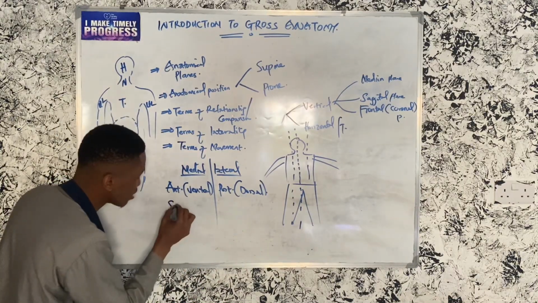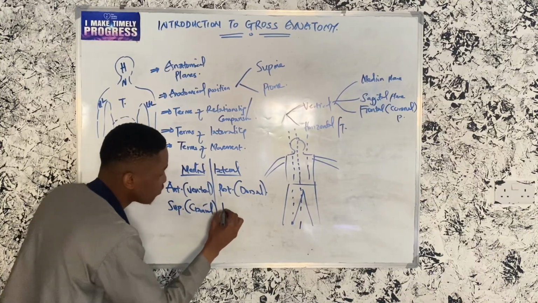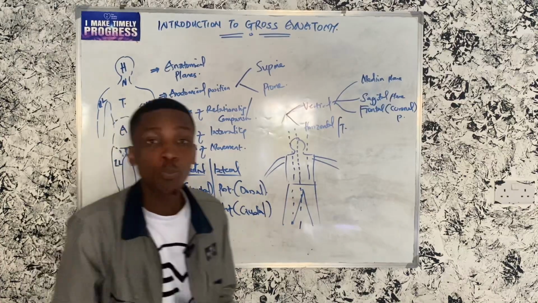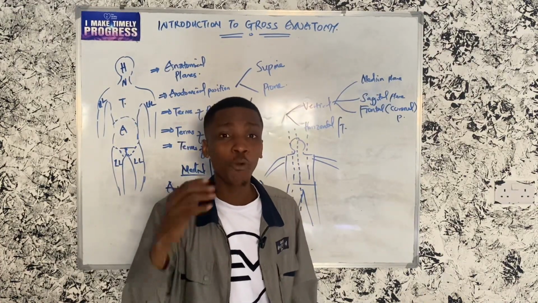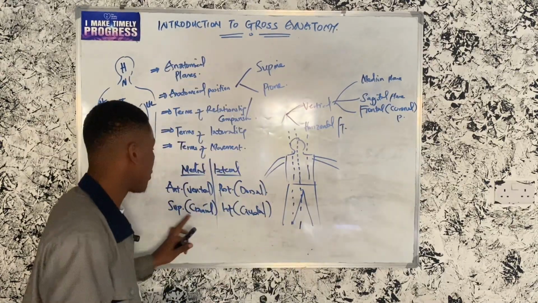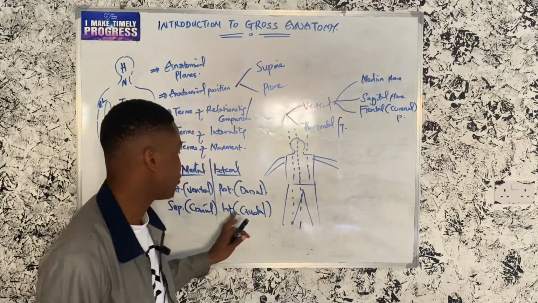The next one I would like us to differentiate is superior, also called cranial, and inferior, also called caudal. Cranium is a Latin word for head. So anything closer to the head is called superior or cranial. Anything closer to your tail is called inferior or caudal.